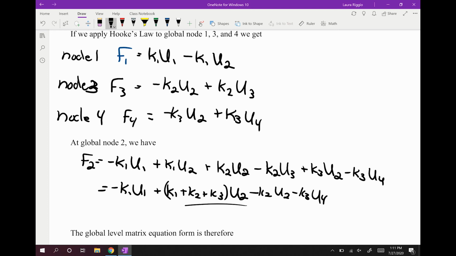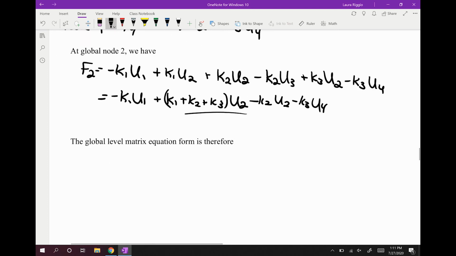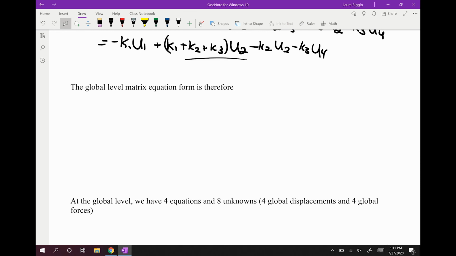At this point, again, we're going to put all of our equations into matrix form to just make them compact and employ the usefulness of linear algebra to solve the system.